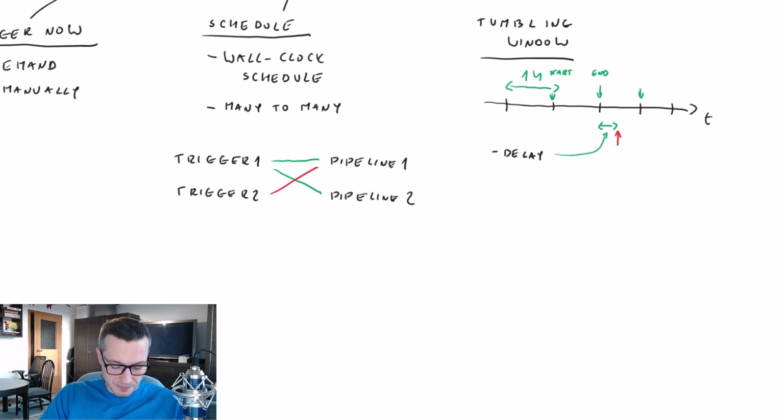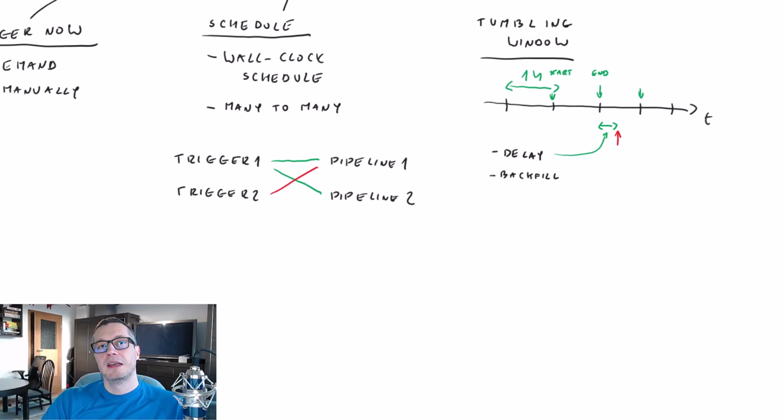What is unique to a tumbling window is that we can use it to backfill our data, which means that we can configure it to run for the past, for the data that was created in the past. A schedule trigger, the first one, can only be configured to run in the future from now. For tumbling window, we can go to the past.